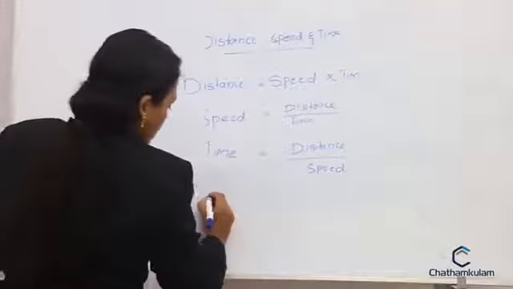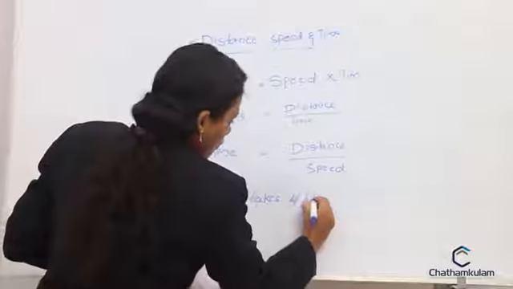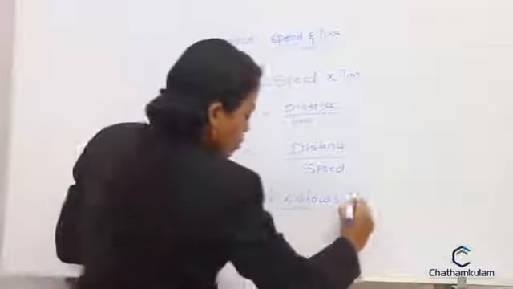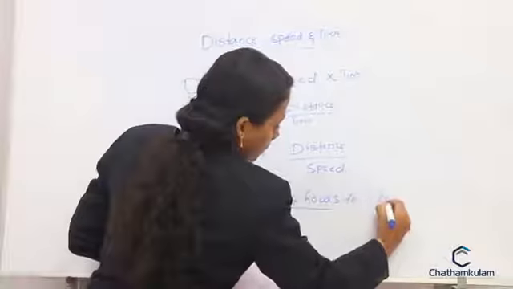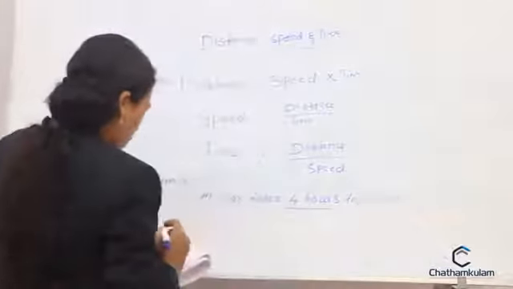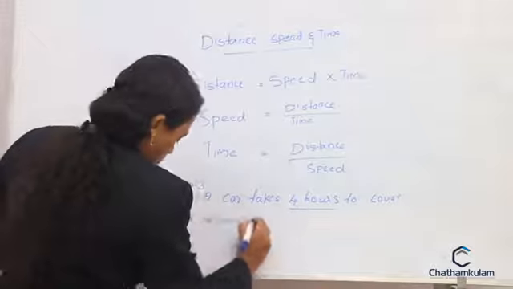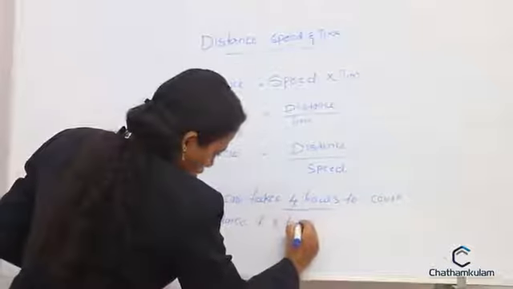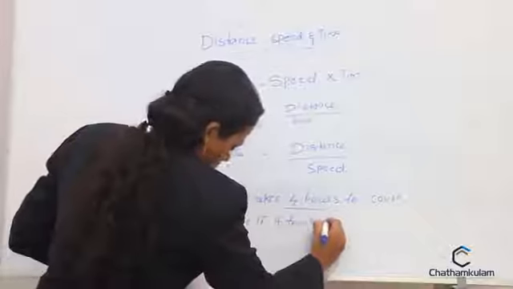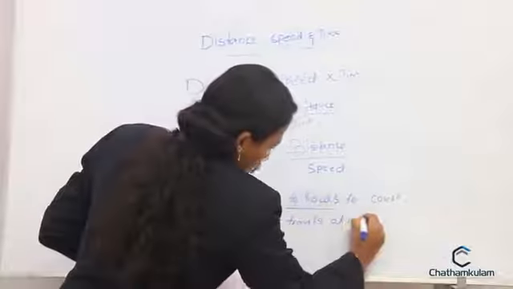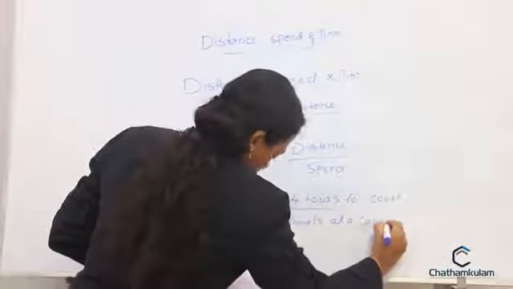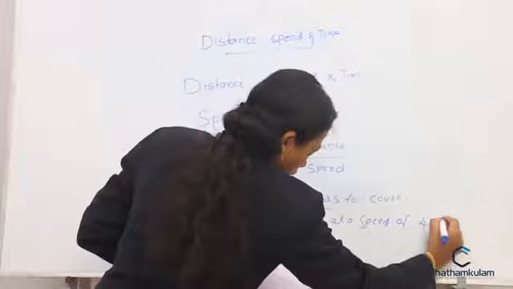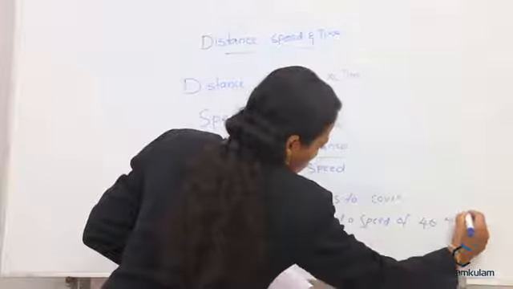A car takes 4 hours, just underline that, 4 hours to cover a distance if it travels at a speed of 40 miles per hour.